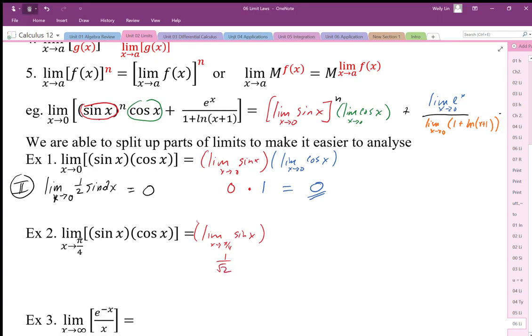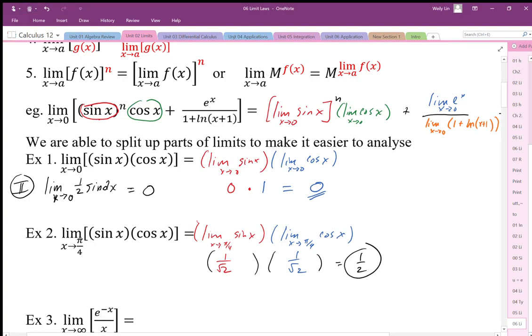The limit as x goes to pi over 4 of cosine of x is going to end up being equal to 1 over root 2 as well. So when we multiply those together, we end up with the limit equaling 1/2.